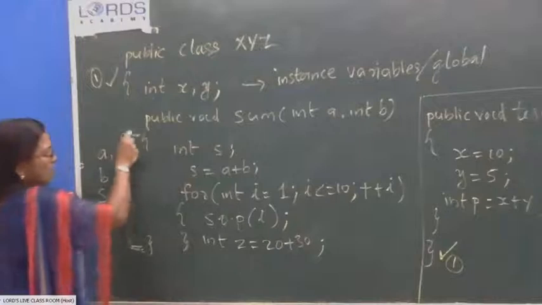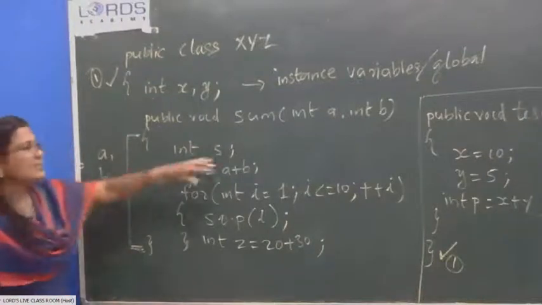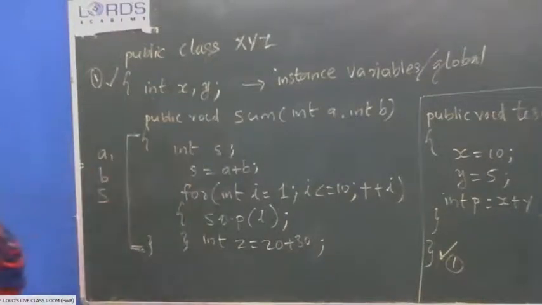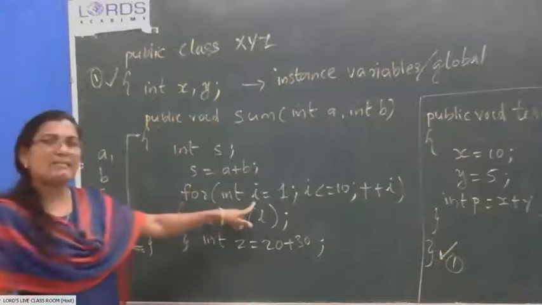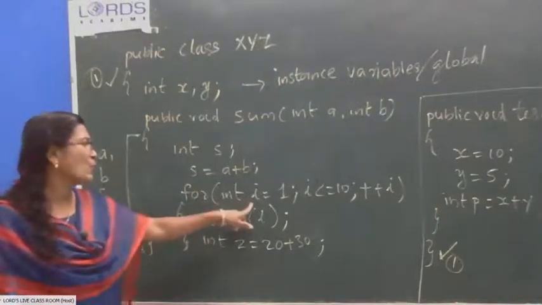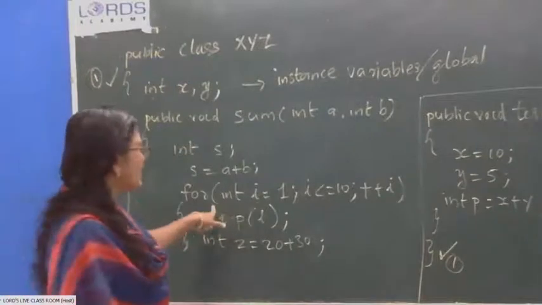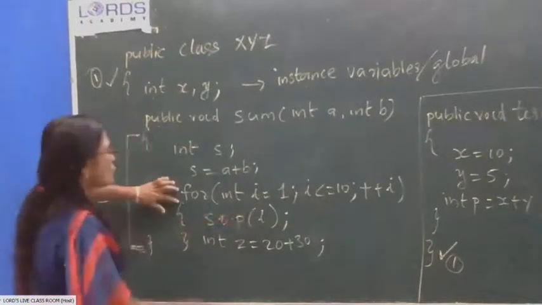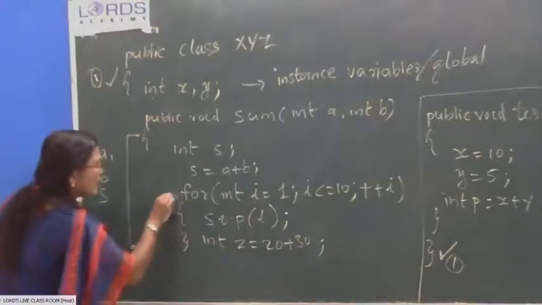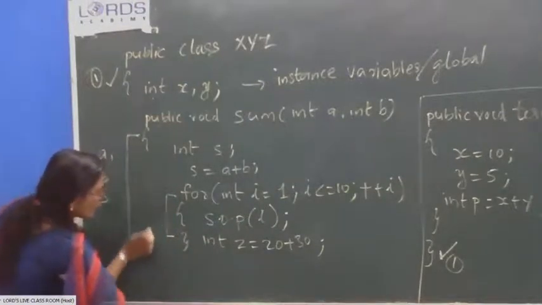Whereas a local variable i is declared with the for loop: for int i equal to 1. It is declared in the for loop, so i is available only within this for loop.